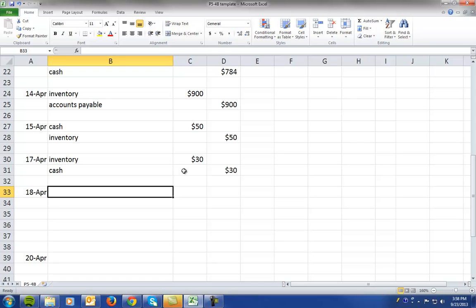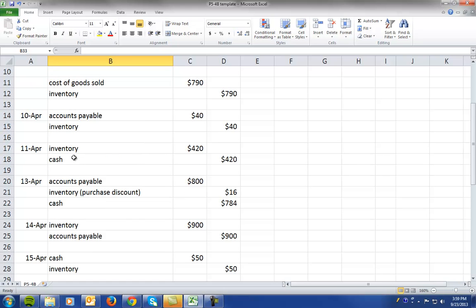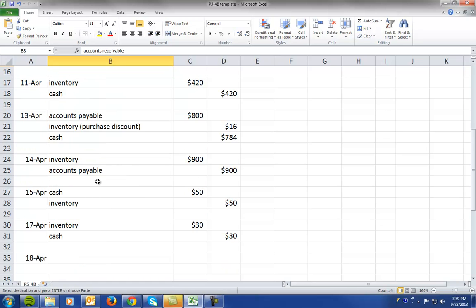Then on the 18th, they said they sold merchandise to members with no discount, again for $900, and the cost was $540. So again, we have these two transactions. We have accounts receivable and revenue, and then cost of goods sold and inventory.